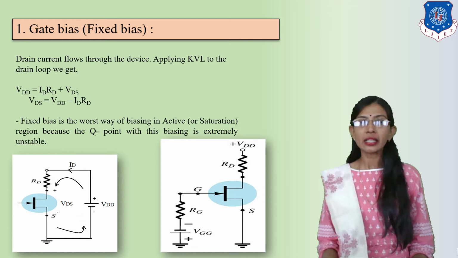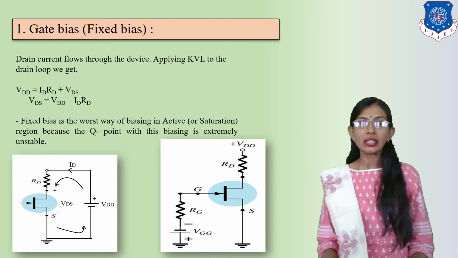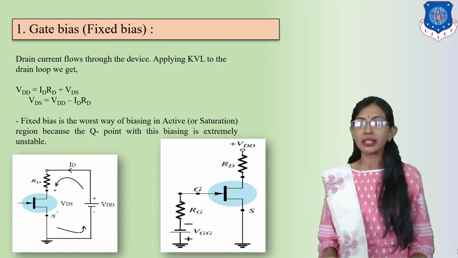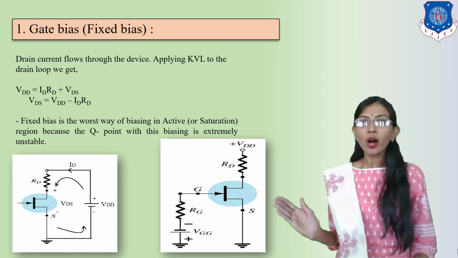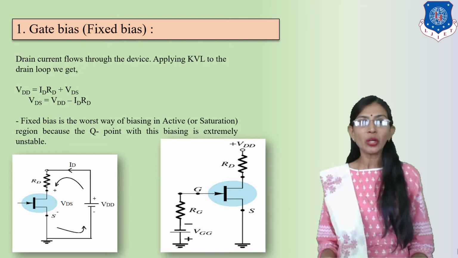Look at this, this is the circuit diagram of gate bias or fixed bias. Here I have connected in the circuit one gate resistance RG and one battery VGG, that is a negative battery. Look at the second diagram. According to this diagram, we can define the input law and output law, which are the Kirchhoff voltage law.